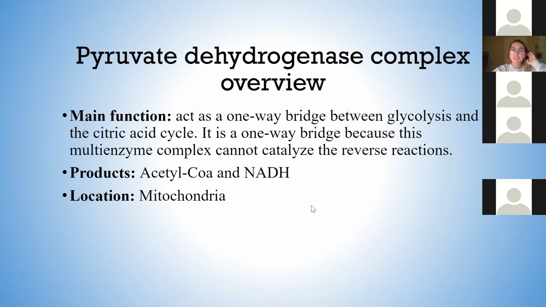Its main function is to act as a one-way bridge between glycolysis and the citric acid cycle, which we'll talk about later. And this is a one-way bridge because this multi-enzyme complex does not catalyze the reverse reaction. We are going to be producing acetyl-CoA and the electron carrier NADH. And of course, this enzyme is located in the mitochondria.